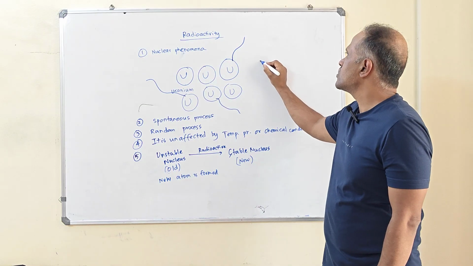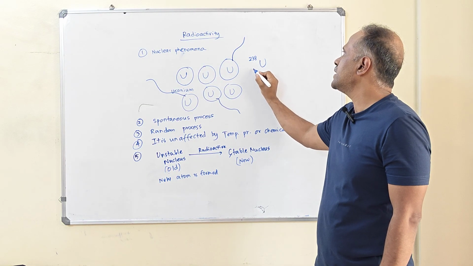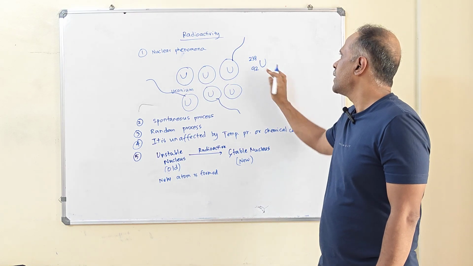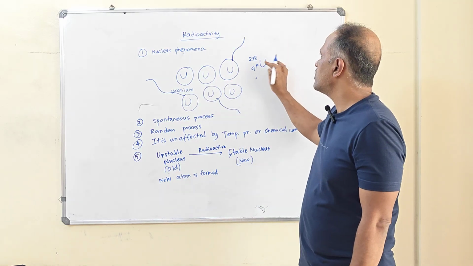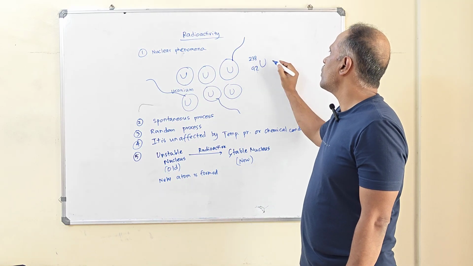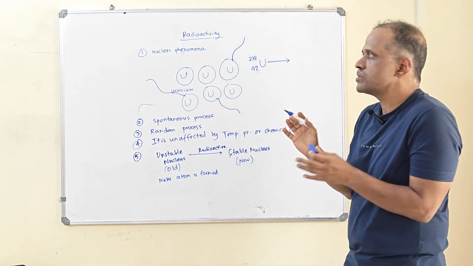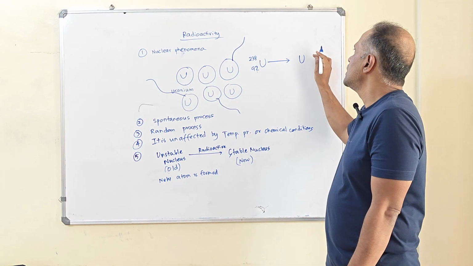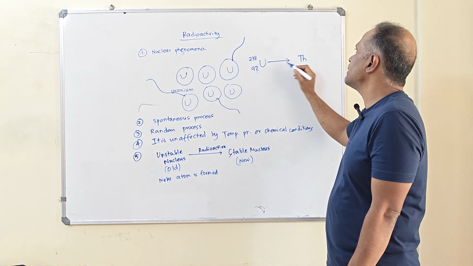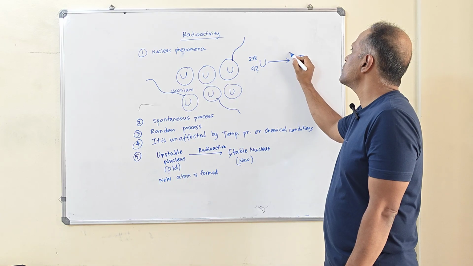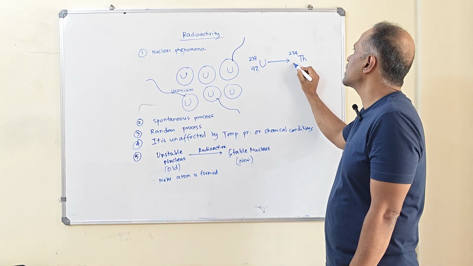We would be discussing this. The most common example is uranium, which we write as 238 and 92. This is an unstable nucleus, so what will happen? Uranium will emit certain rays, and it will become a stable nucleus of thorium having atomic mass of 234 and atomic number of 90.